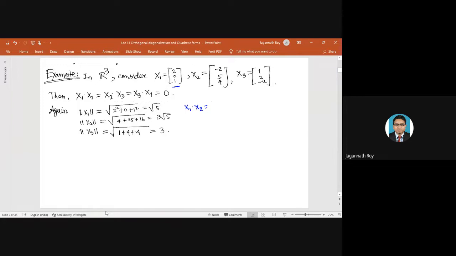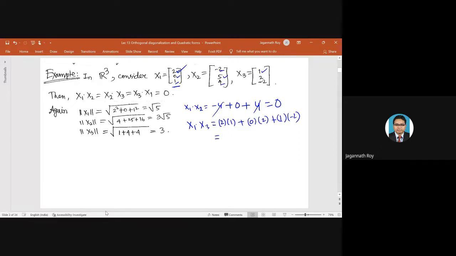We have to take the dot product, and the dot product here is 2 times minus 2, so this is minus 4, plus 0 times 5, so 0, plus 1 times 4, so 4, so this becomes 0. Similarly, x1 dot x3, mutually they will be orthogonal, so 2 times 1, plus 0 into 2, plus 1 times minus 2.